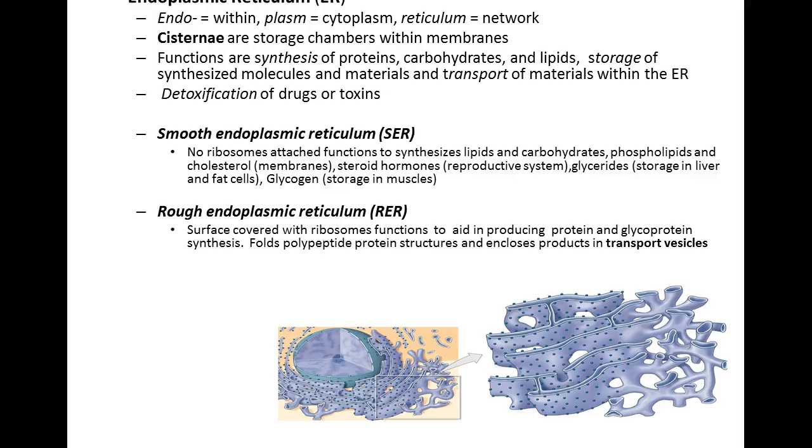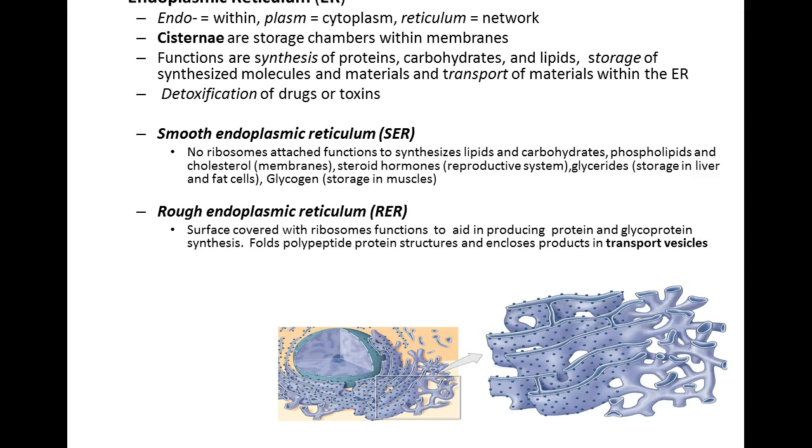Again, sorry to cut this off, but it says endoplasmic reticulum there at the top, ER, endoplasmic reticulum, and you have a little bit of an image here. Endoplasmic reticulum is made up of these flattened membranous areas where you have cisternae, those flattened areas where you have little openings or storage areas within the membrane.